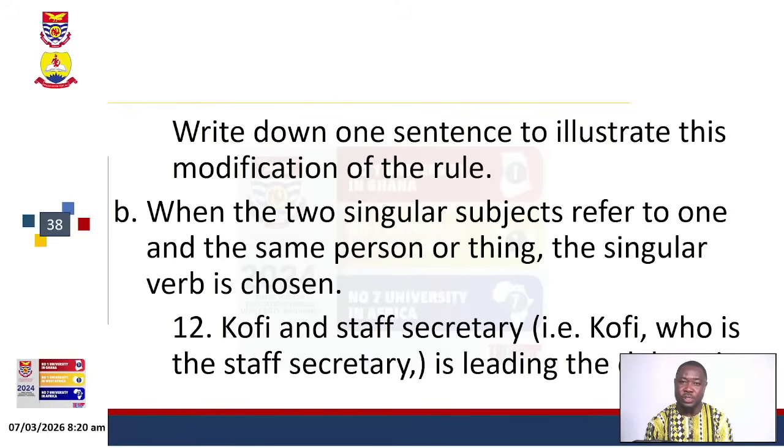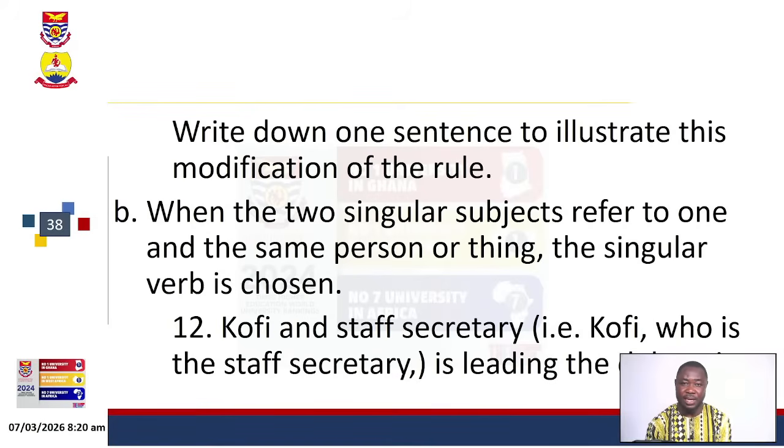When the two singular subjects refer to one and the same person or thing, the singular verb is chosen. Understand that here we can have two singular subjects, but they may be talking about one and the same person. For example, Kofi and staff secretary.